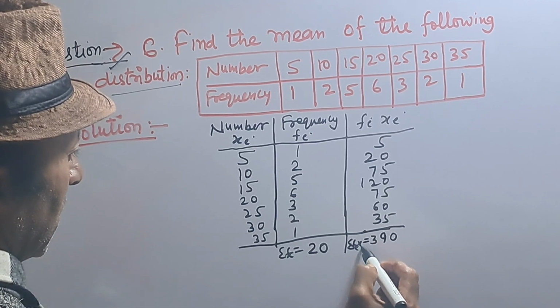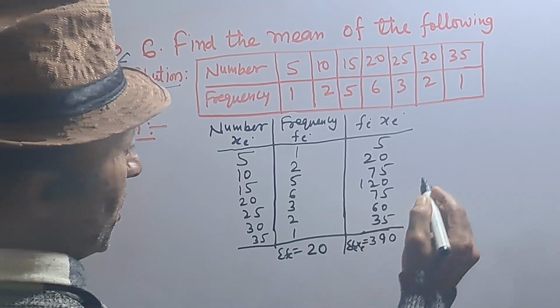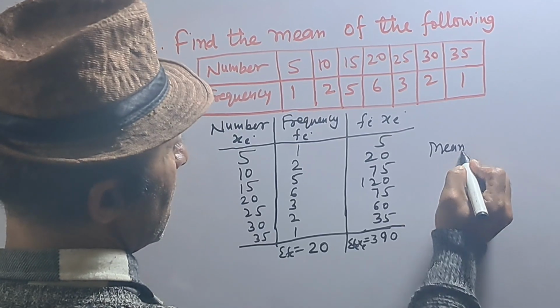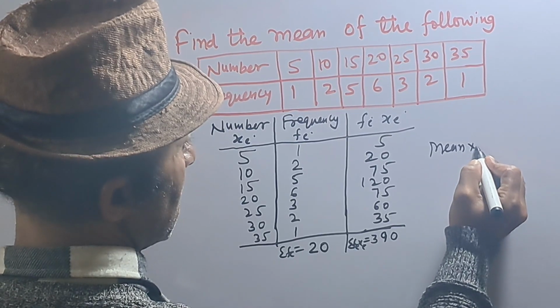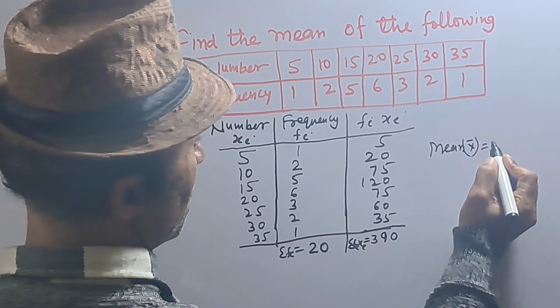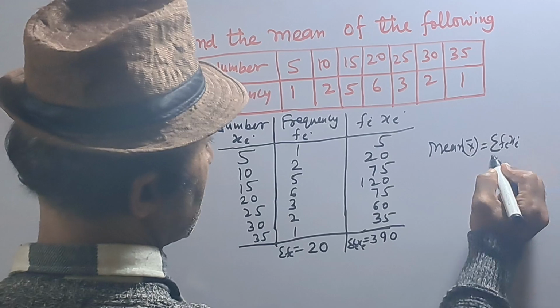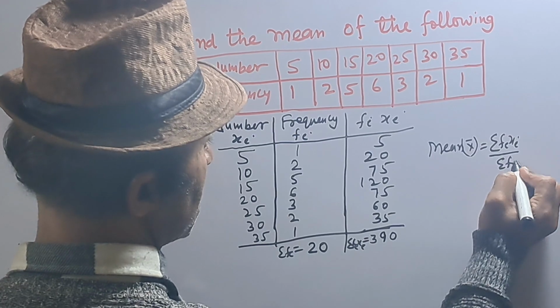Summation fi xi. So mean x dash equal to summation fi xi upon summation fi.